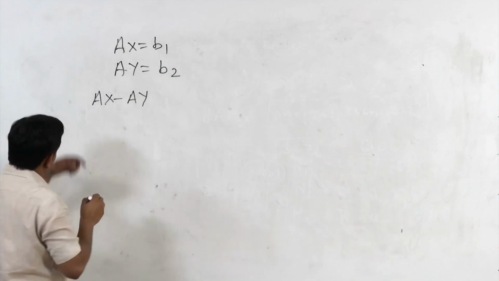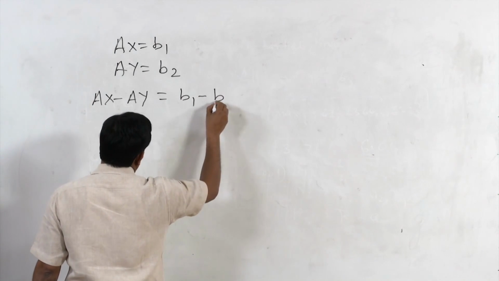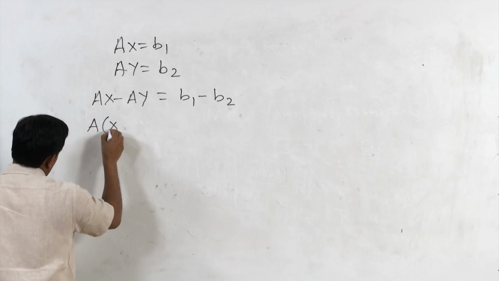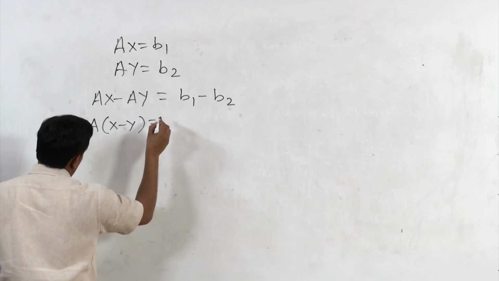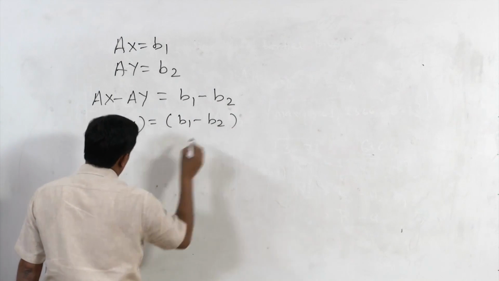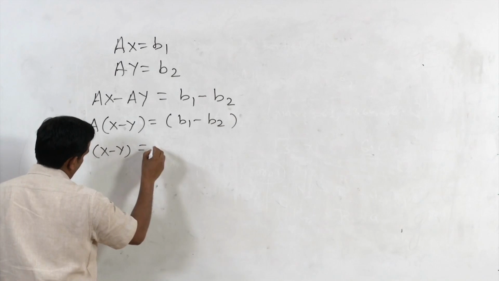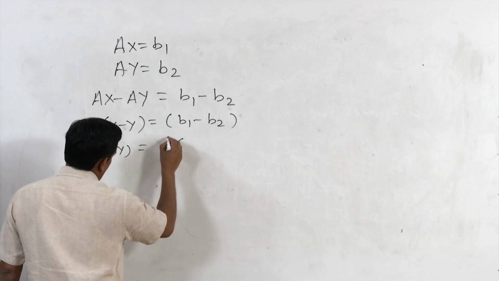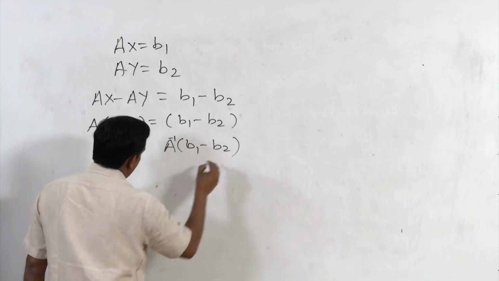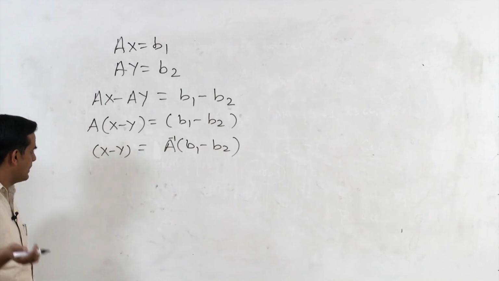If I subtract the second from the first, A(x minus y) equals B1 minus B2, or x minus y equals A inverse times (B1 minus B2). It is given that A is non-singular, so A inverse exists.